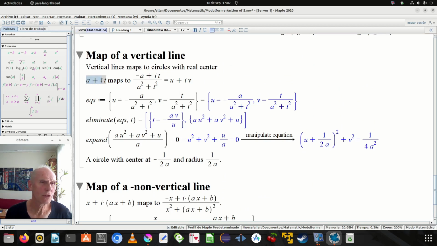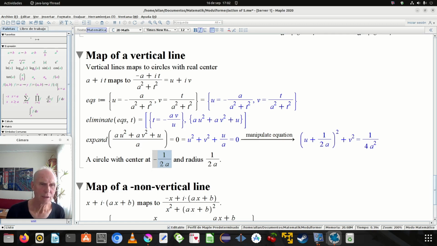So we take a vertical line and map it by S, and then we have to find A minus A divided by this, point T divided by this. What figure does that make? And it's easy to see that it's a circle, actually with radius 1 divided by 2a and center minus 1 divided by 2a.